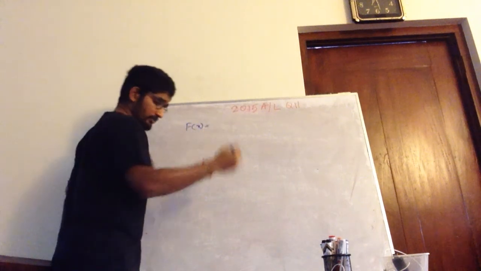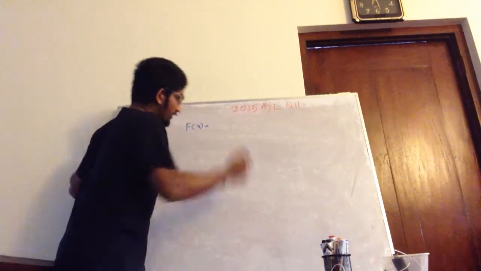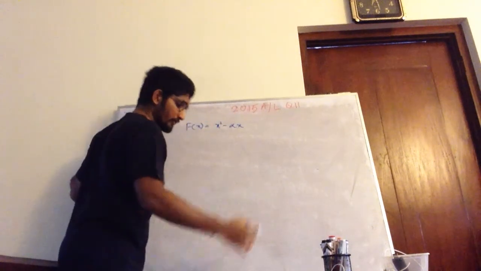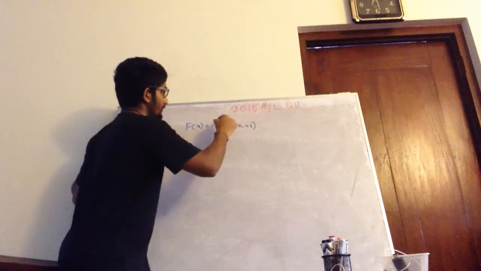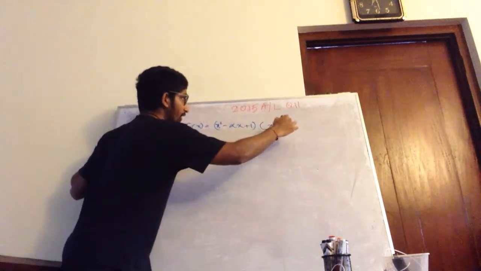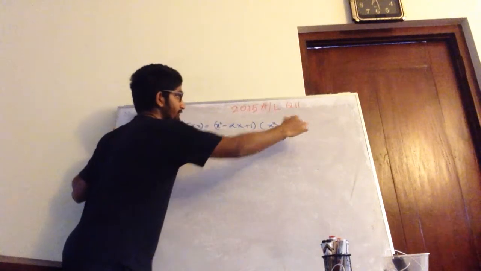So they have given some polynomials. f(x) equals (x squared minus alpha x plus 1) times (x squared minus beta x plus 1).